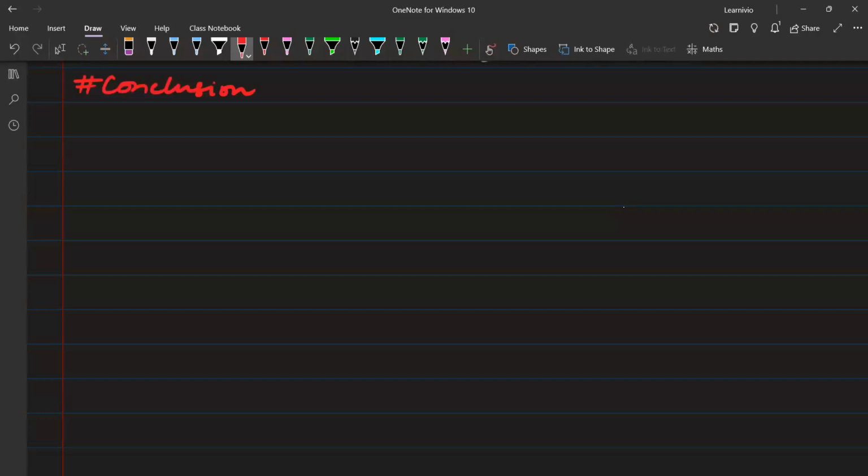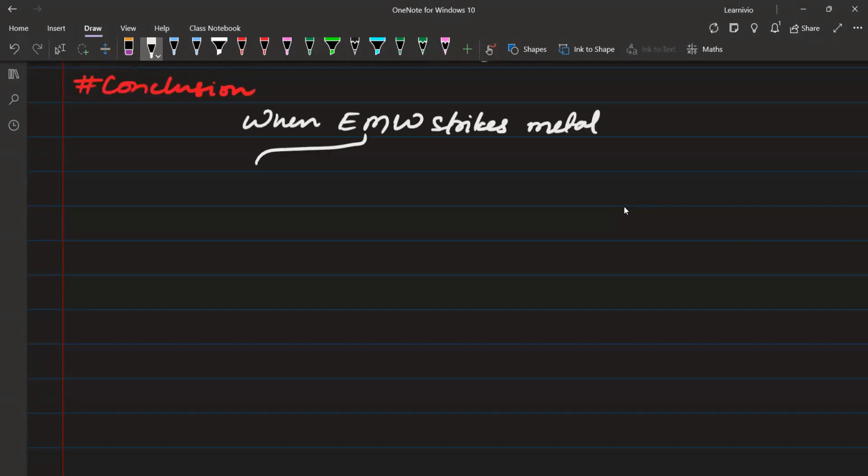Photoelectric. So whenever electromagnetic radiation strikes metal, or when light strikes metal, so we can write, when electromagnetic wave strikes metal, there are three possibilities.